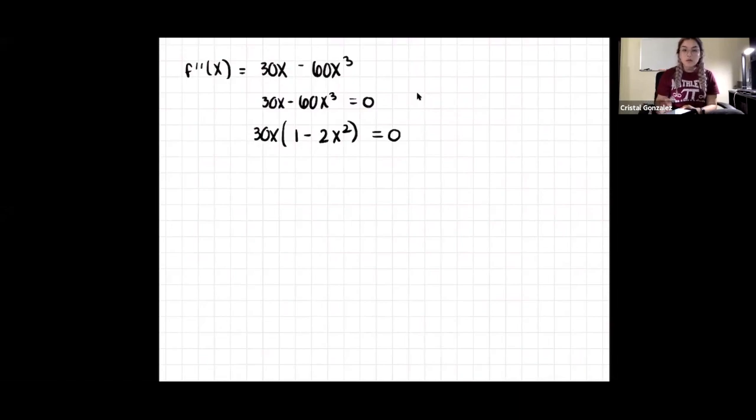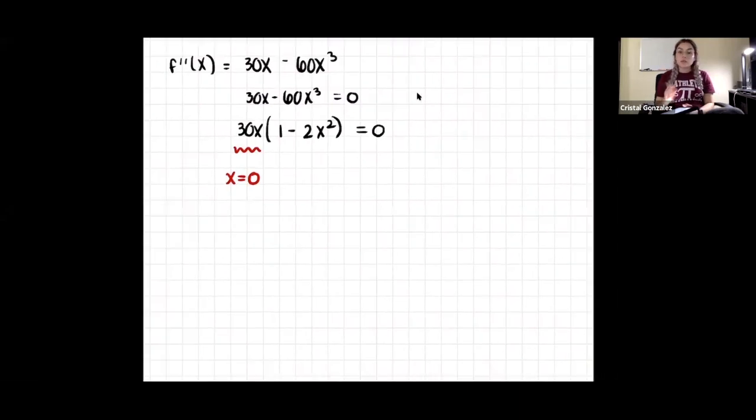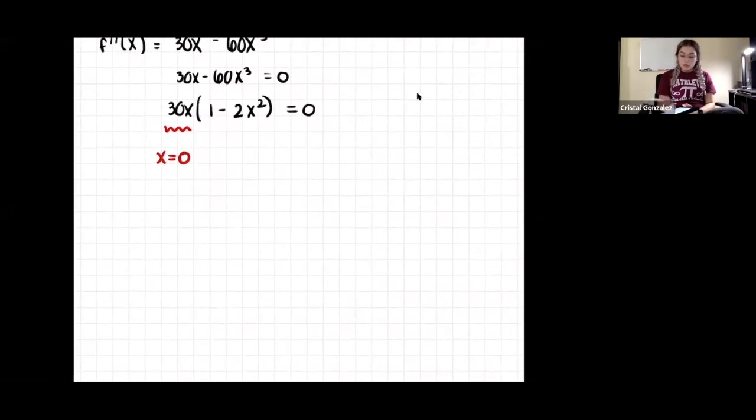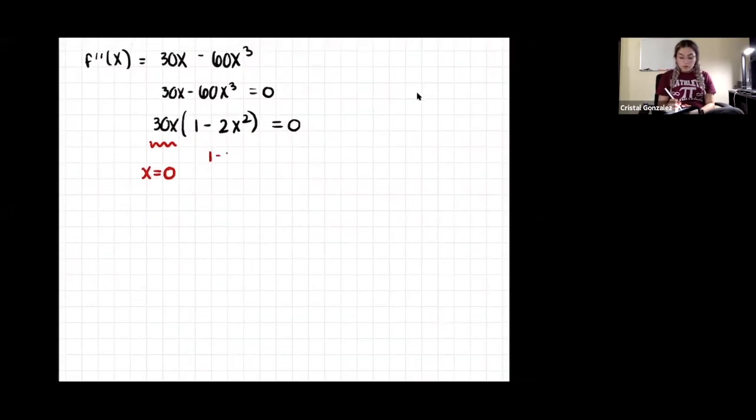So from here, one of the points that we are interested in is at x equals 0. And then another point that we're interested in comes from 1 minus 2x squared equals 0. If we solve for this, we'll end up with x equal to plus or minus 1 over root 2.